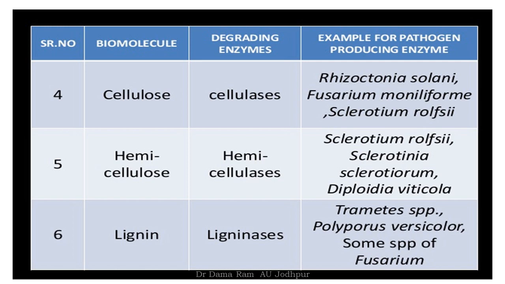Cellulose is degraded by a series of enzymes, that is cellulase C1, C2, Cx, cellobiase, like that, and finally converted into glucose monomers. The fifth one is hemicellulose, degraded by hemicellulase. And the sixth one is lignin, degraded by ligninase enzymes.